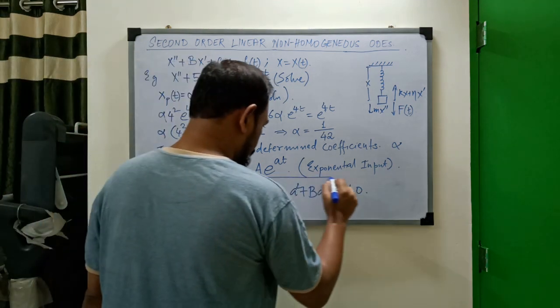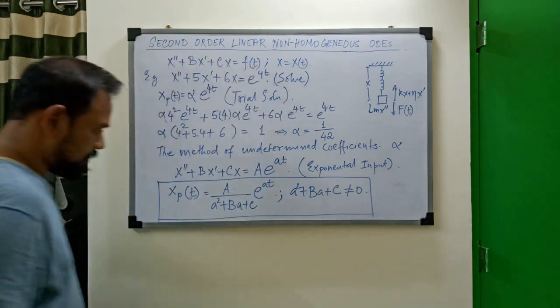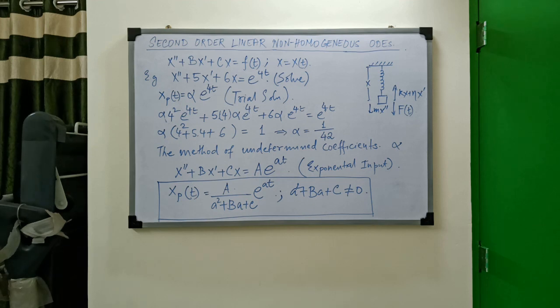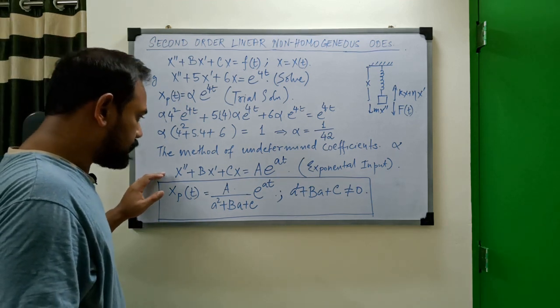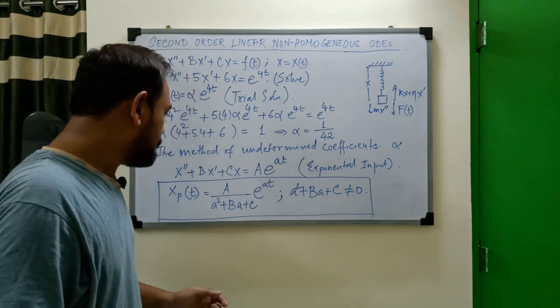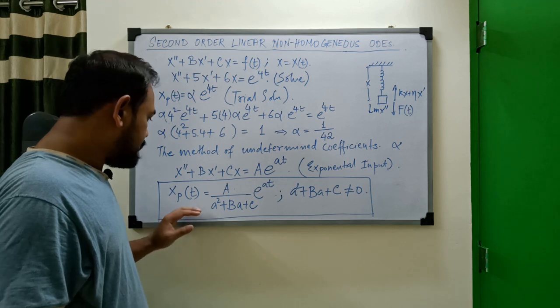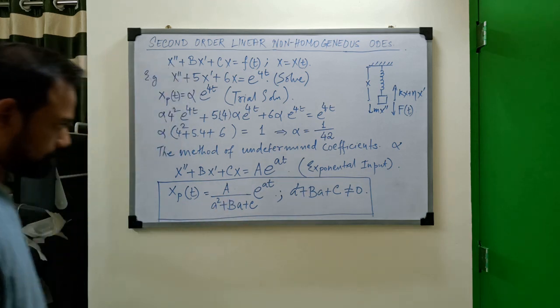Okay. This is some formula that we have found. If you ever get a second order linear non-homogeneous ordinary differential equation with an exponential input of this very general kind, then the particular solution would be this, as long as this denominator is not 0.